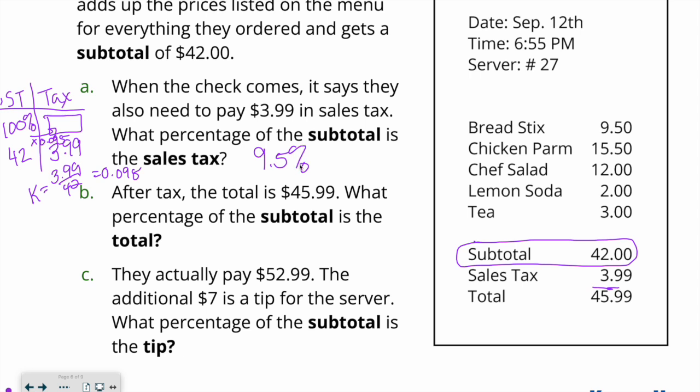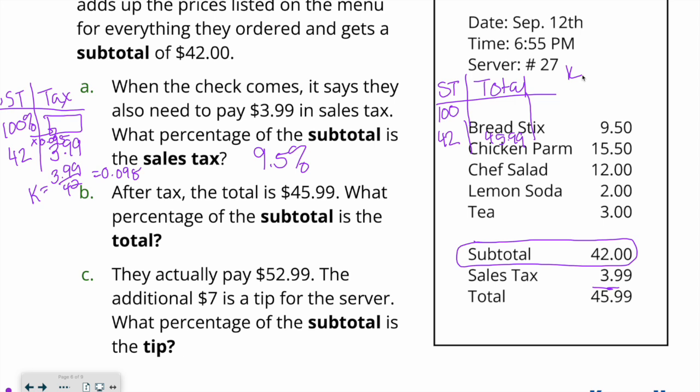After the tax, the total is $45.99. What percentage of the subtotal is the total? So subtotal still comes first, and then the total. Subtotal is still my 100%, and it's still $42. The total was $45.99.